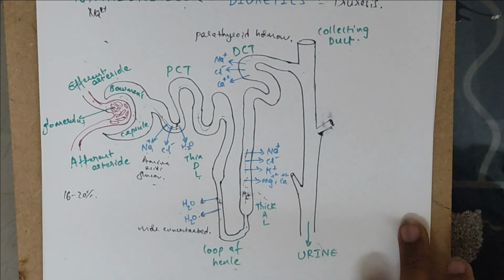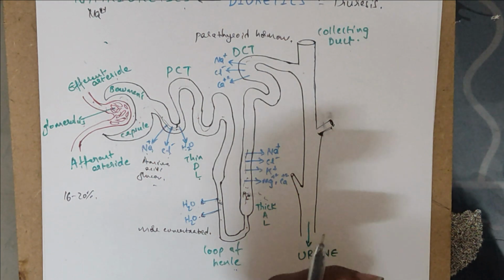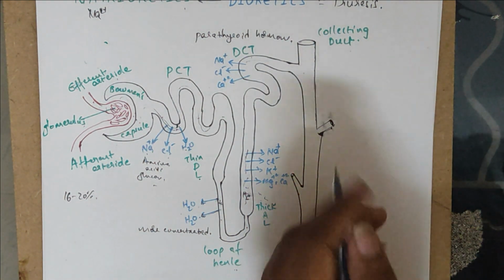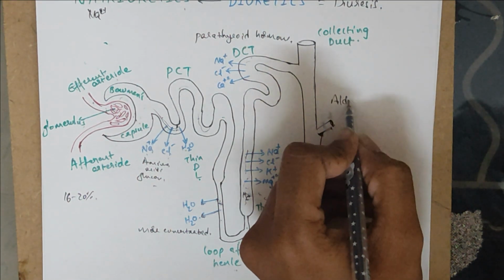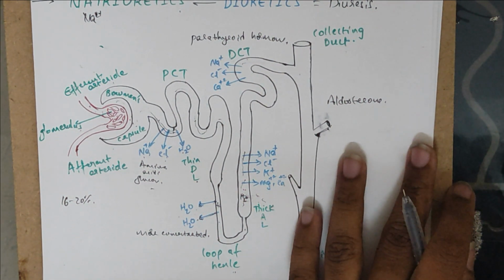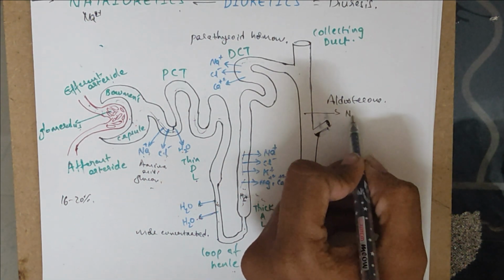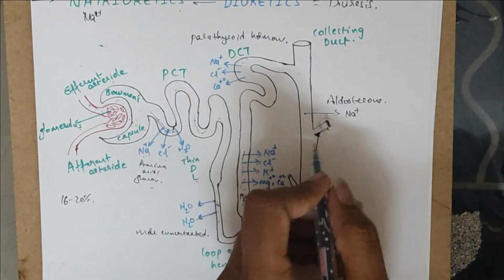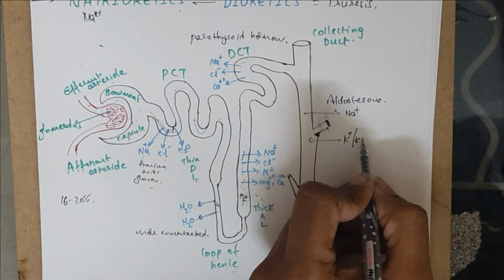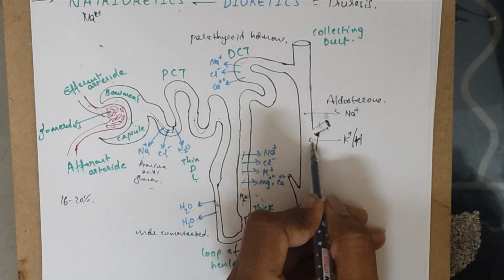In the collecting duct, there are two types of cells: principal and intercalated cells. Here, under the influence of aldosterone, the sodium molecules are reabsorbed from the collecting duct, and potassium and hydrogen ions are secreted into the collecting duct.